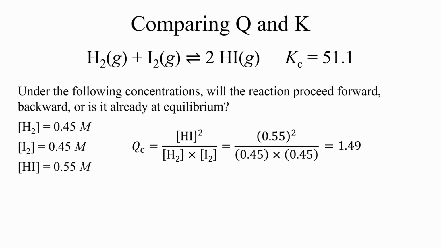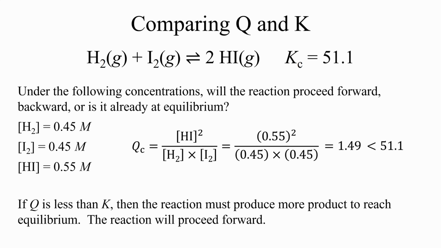Under these particular concentrations, the quotient of products over reactants is just 1.49. This is less than the equilibrium constant at this temperature under these conditions. So if Q is less than K, then the reaction must produce more product to reach equilibrium in order to balance this out. So this reaction will proceed forward.